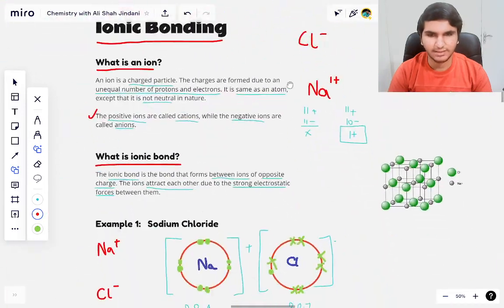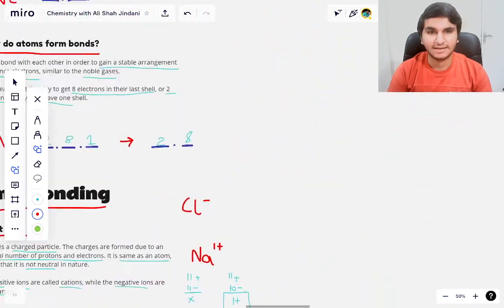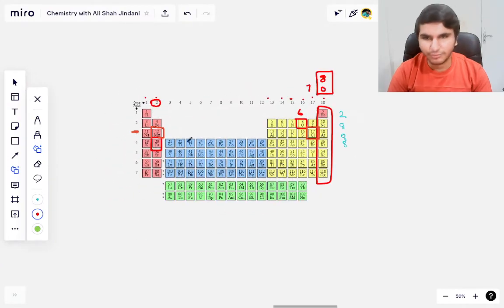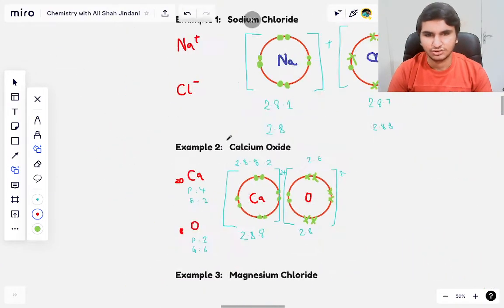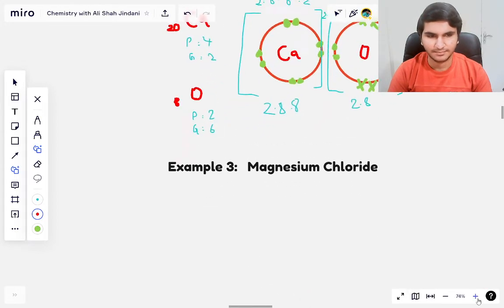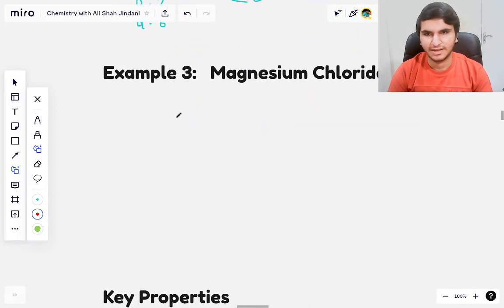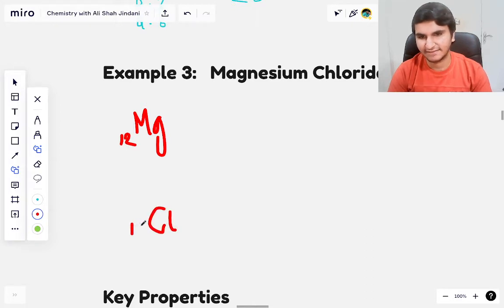So let us go back. Also the proton number, or electron number, is 12 and 17. So again we have got all the data, right? Now we are going to do magnesium 12, chlorine 17.